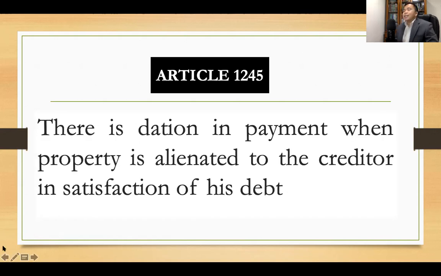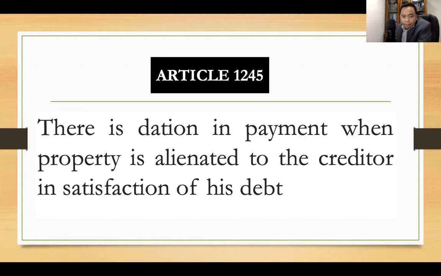Now, remember class that in Dation en Pago, instead of payment of money, the debtor or obligor will surrender, will transfer, will convey ownership over a property in favor of the creditor, and that alienation of ownership of a property is the special payment mentioned in the discussion. There is Dation en Pago when the property is alienated, then that property takes the place of payment.